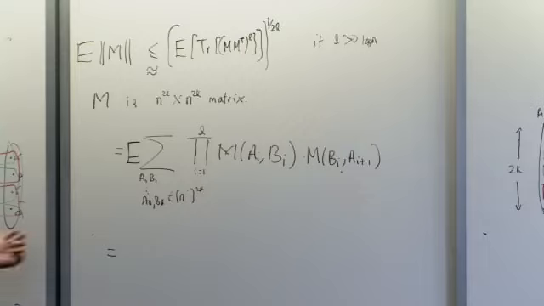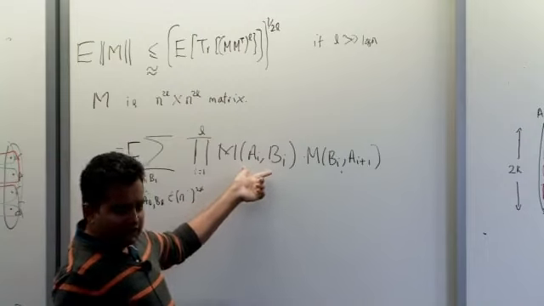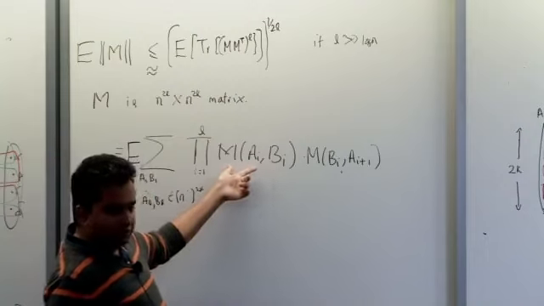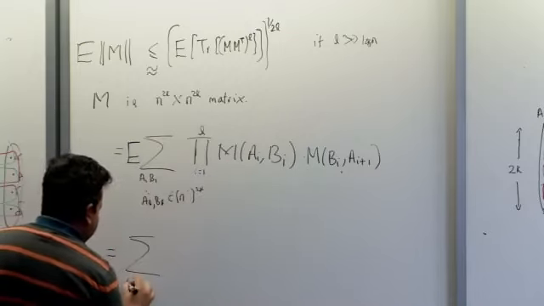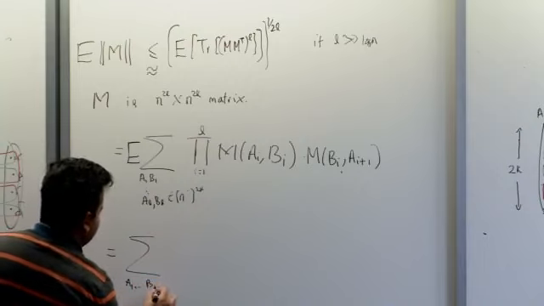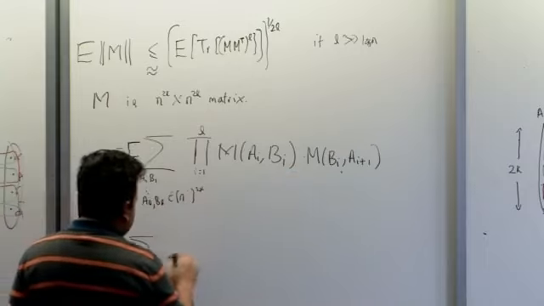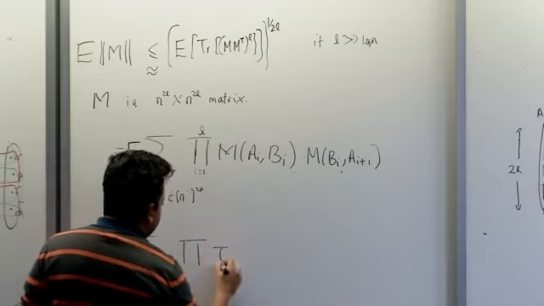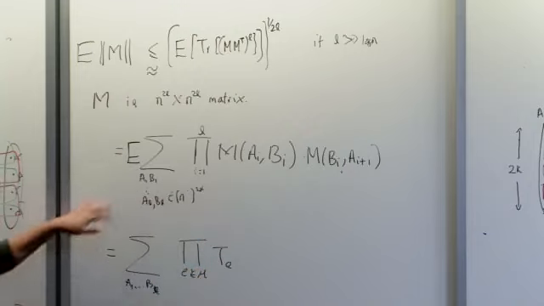This entry of M is going to be a random 4 uniform hypergraph between A and B_i. So this is a very straightforward simplification. This is just going to be a sum over all terms of this type.